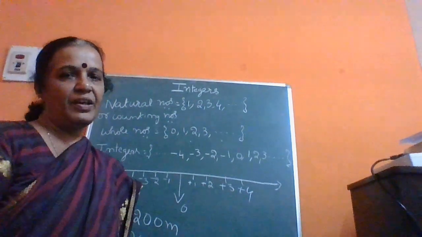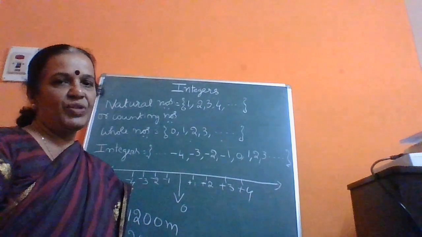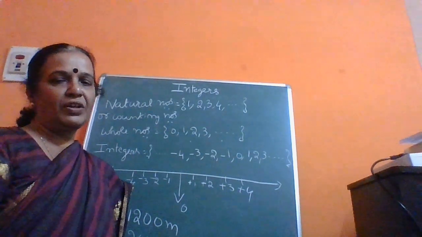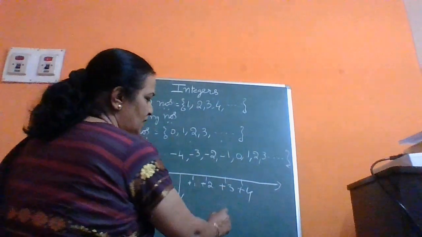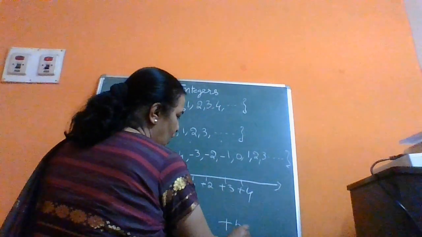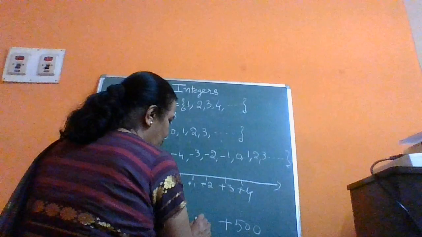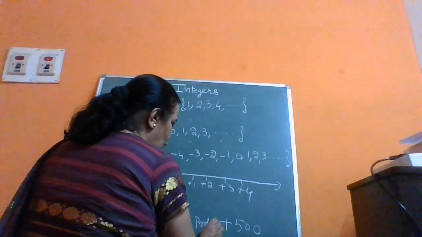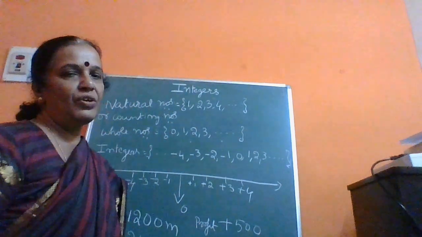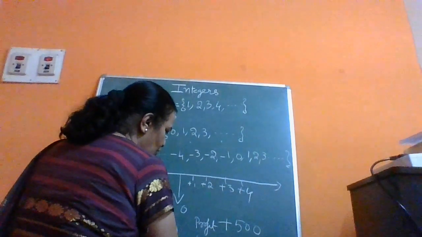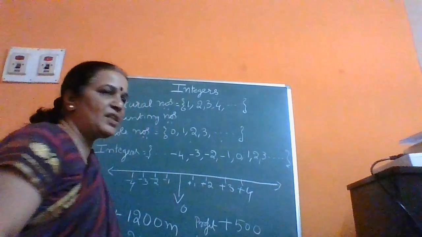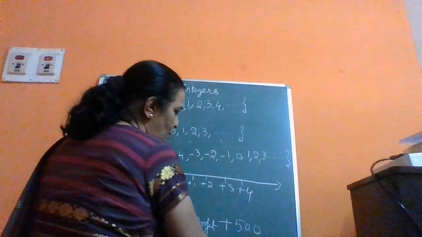Similarly, if we say there is a business in which there is a profit of rupees 500, then we represent that number with plus 500. That means profit we represent with plus sign, and similarly loss we represent with a minus sign.